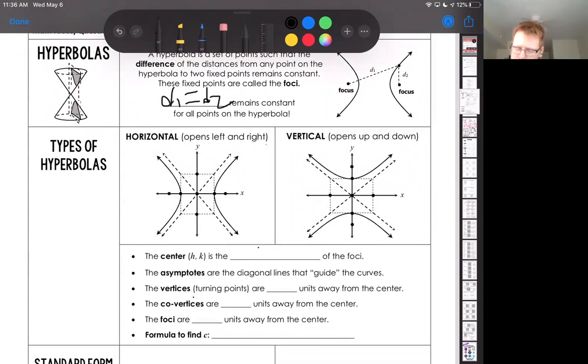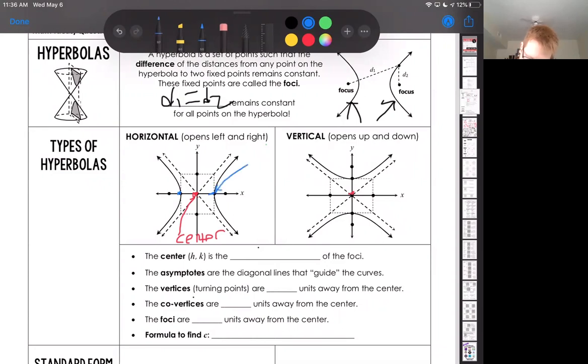As you've seen, it's really where you have a branch here and a branch here. You can have two types: a horizontal or a vertical. Some vocabulary, I'm going to do it for both of them. These red points would be your center. Since it's horizontal, the points to the right and left that are actually on your hyperbola itself, on the branches, are called your vertices.